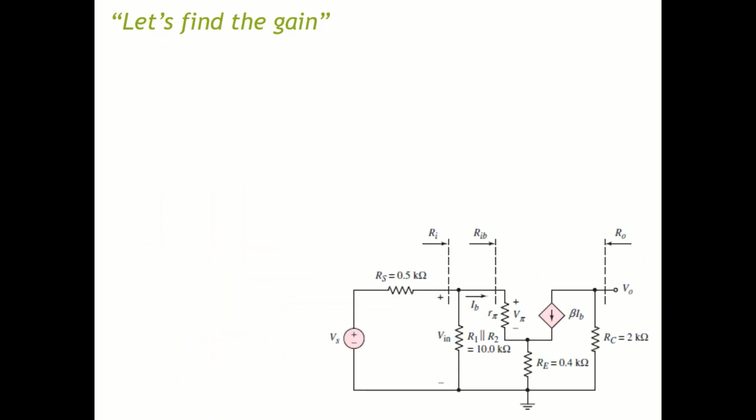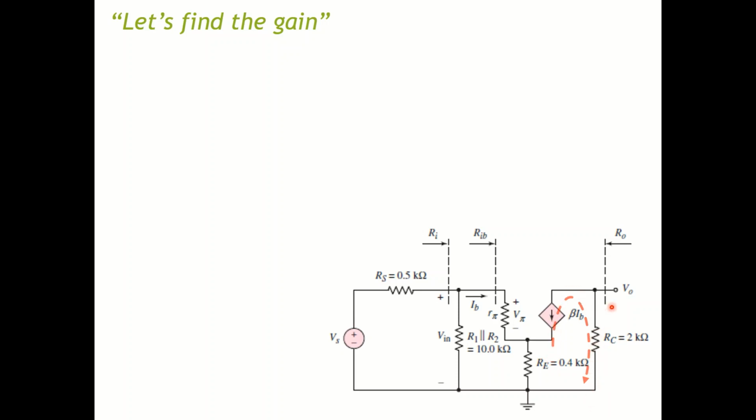So now let's really find the gain. In order to find the gain, remember we have to find the expression for the output voltage, find the expression for the source voltage, and divide the output by the source, then you have the gain. So first let's work on the output. We first analyze this loop.